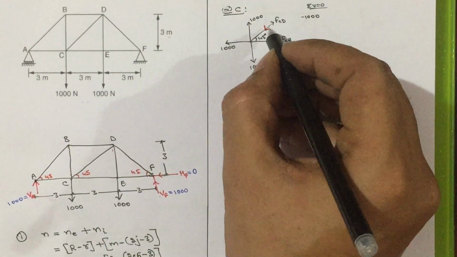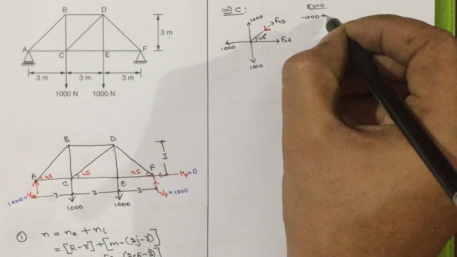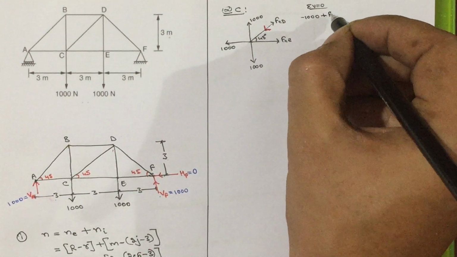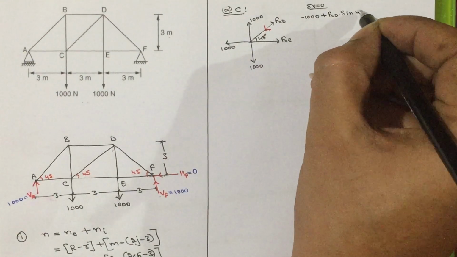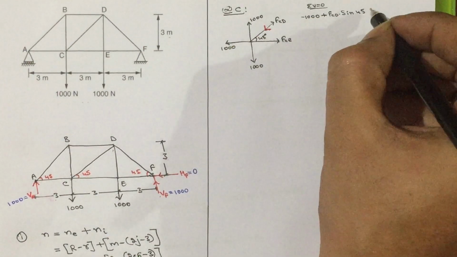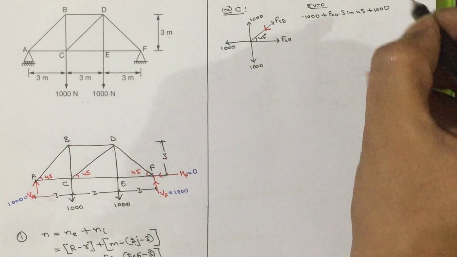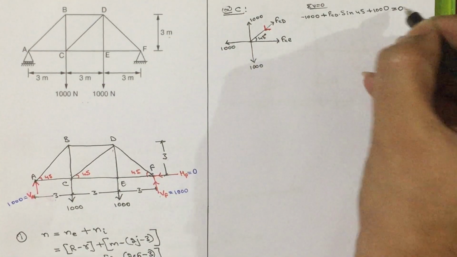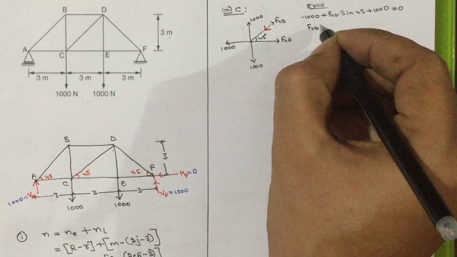Then horizontal component leave it, vertical component it is going upward, component is F sin theta, that is FCD into sine of 45 degree, then plus 1000. Then the horizontal, leave it, that should be equal to 0. So, you will get the FCD value directly.